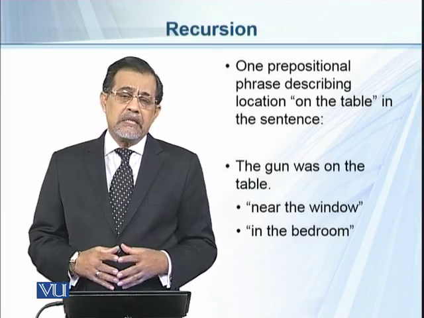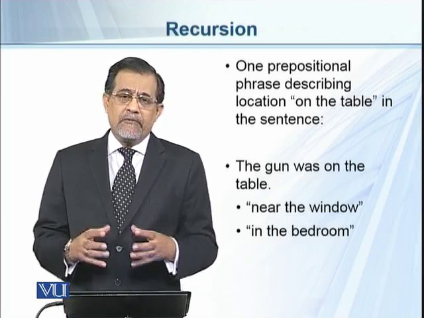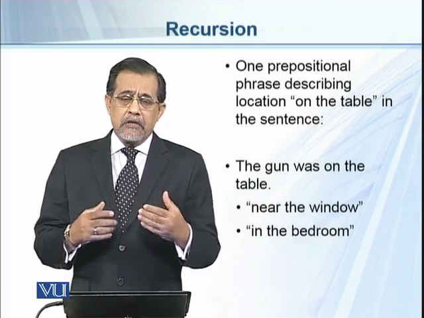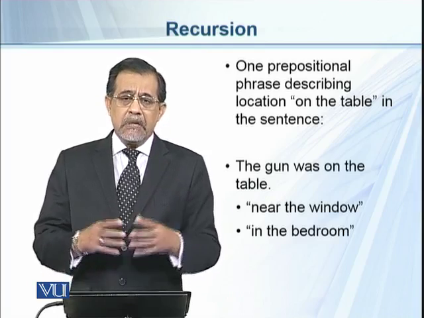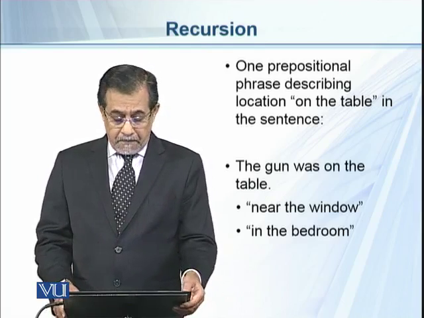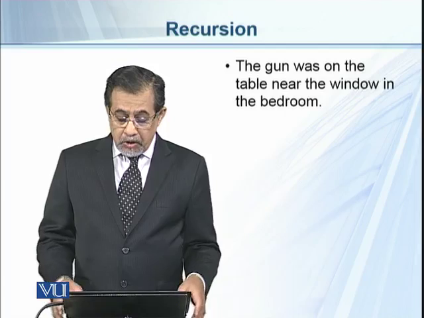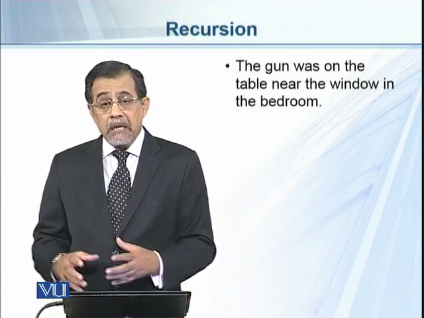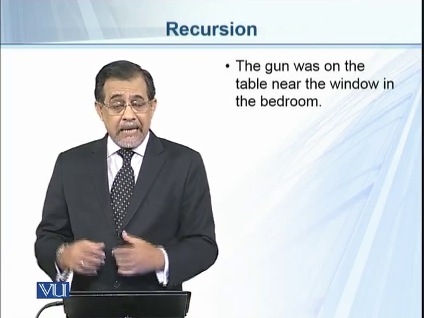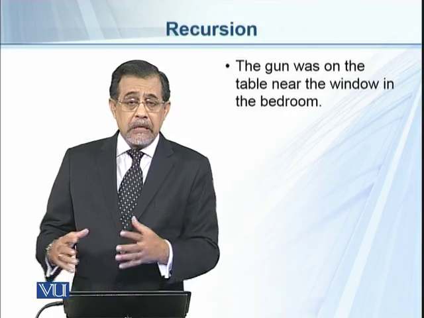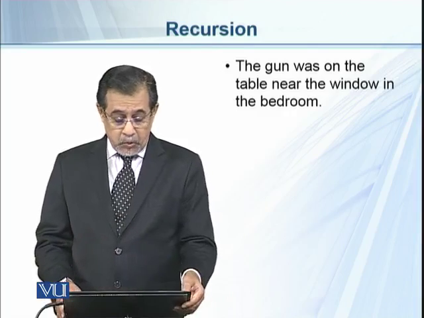So this is a creative quality of generative grammar and human language, that a constituent can be repeated a number of times. So the gun was on the table near the window in the bedroom, and we can make more prepositional phrases and add to it and make a very, very large sentence in this way.